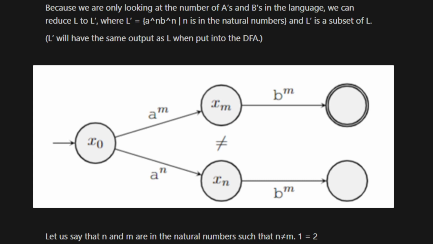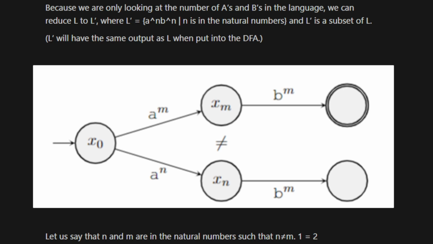But hence, xm and xn are inequivalent, and since they are both in the natural numbers, we can say that there exist infinitely many states xm and xn such that they are inequivalent.